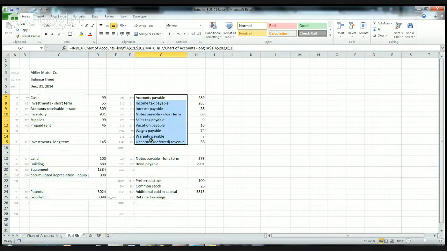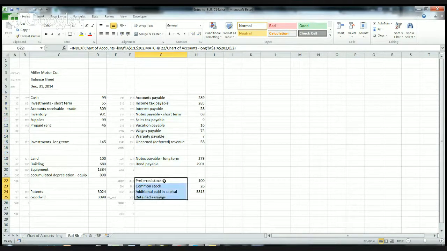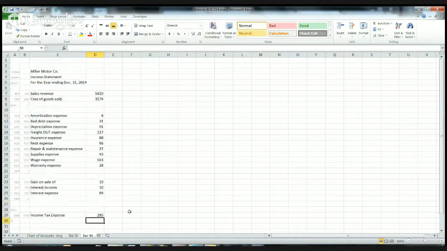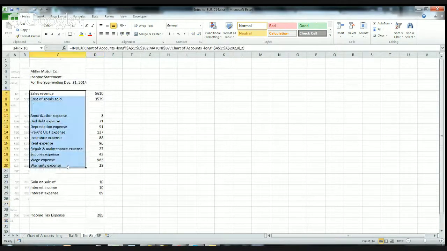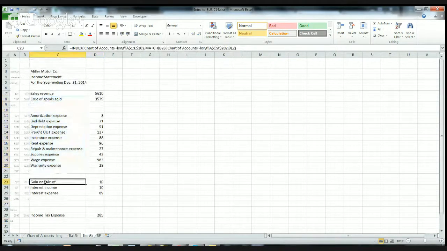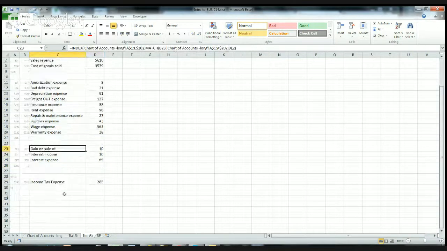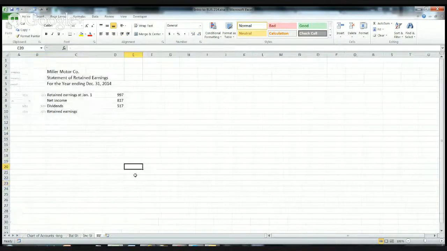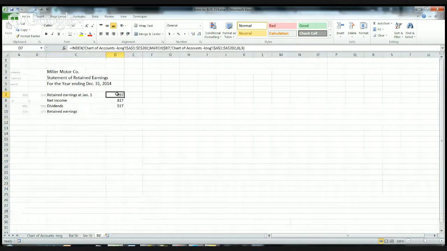There's payables and unearned revenue. So most of my liabilities are going to end in payable. Equity, we'll work around that. The income statement is basically revenues minus expenses, plus gains minus losses. So that won't be too hard. And the statement of retained earnings is what I started out with plus net income less what I paid to the owners.